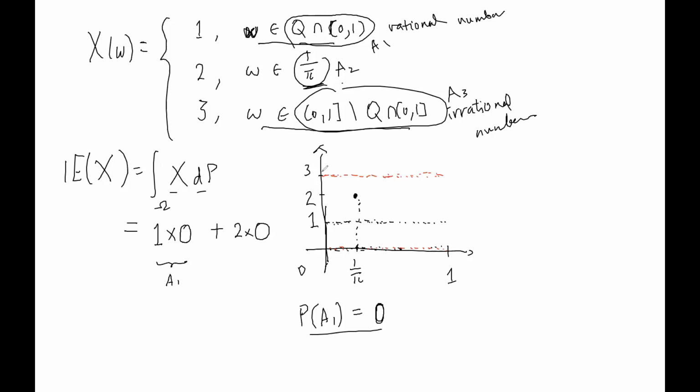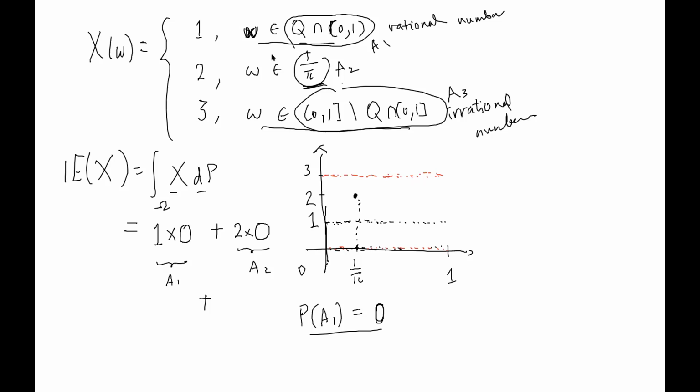And then finally, you'll have the third component, right? So for the third component here, your set is the set of irrationals, right? What is the measure here? What is the measure of this set? Okay, great.